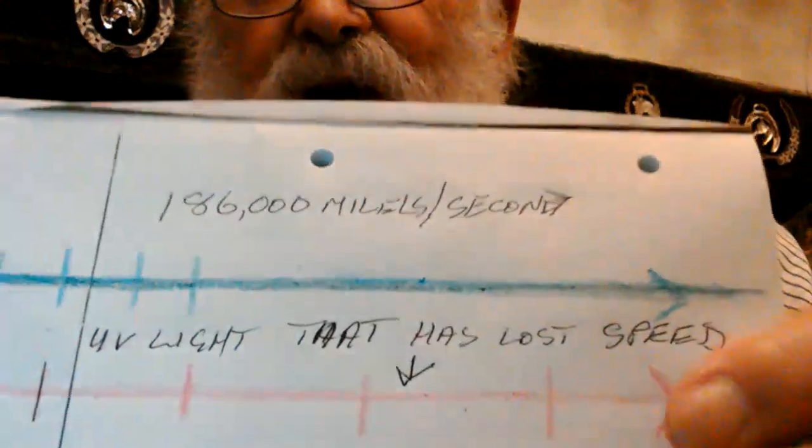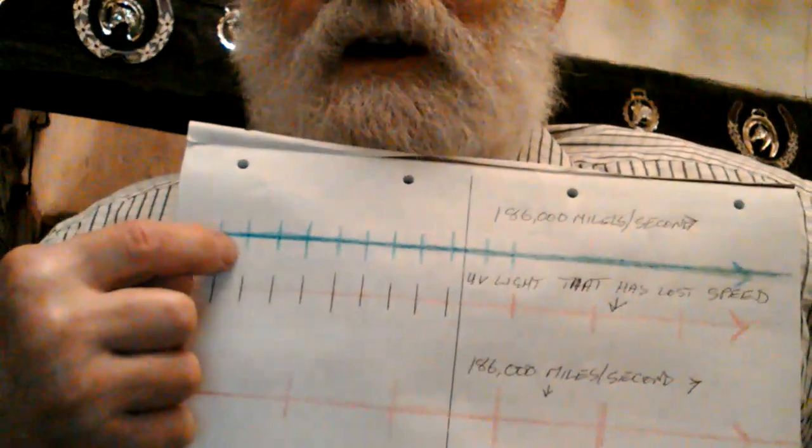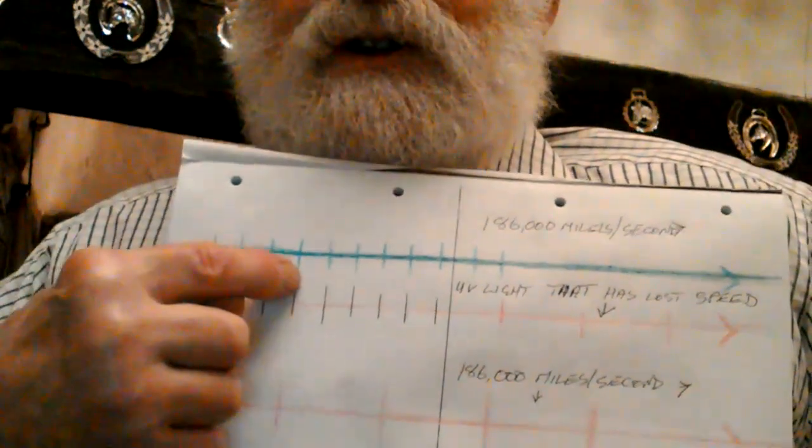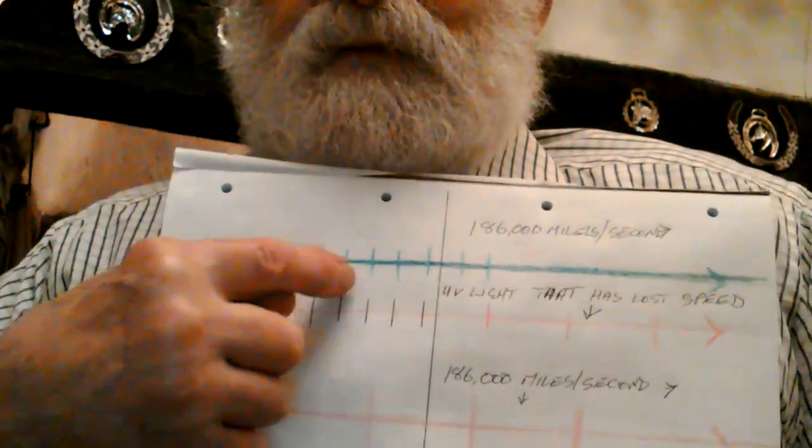I've drawn a little diagram here. We might be able to get some inspiration from it. So I don't know how well you can see this, but if we say, for argument's sake, that at the blue end of the spectrum, the pulses are quite close together.